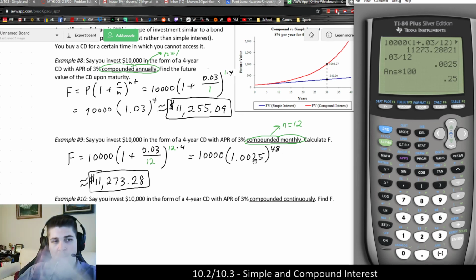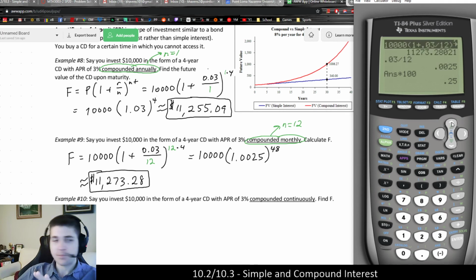If it's growing by 0.25% every month for the 4 years, it's going to exponentiate, and that's what our formula is calculating: the net effect of starting with $10,000 and every month growing by 0.25% over the course of 48 payments.